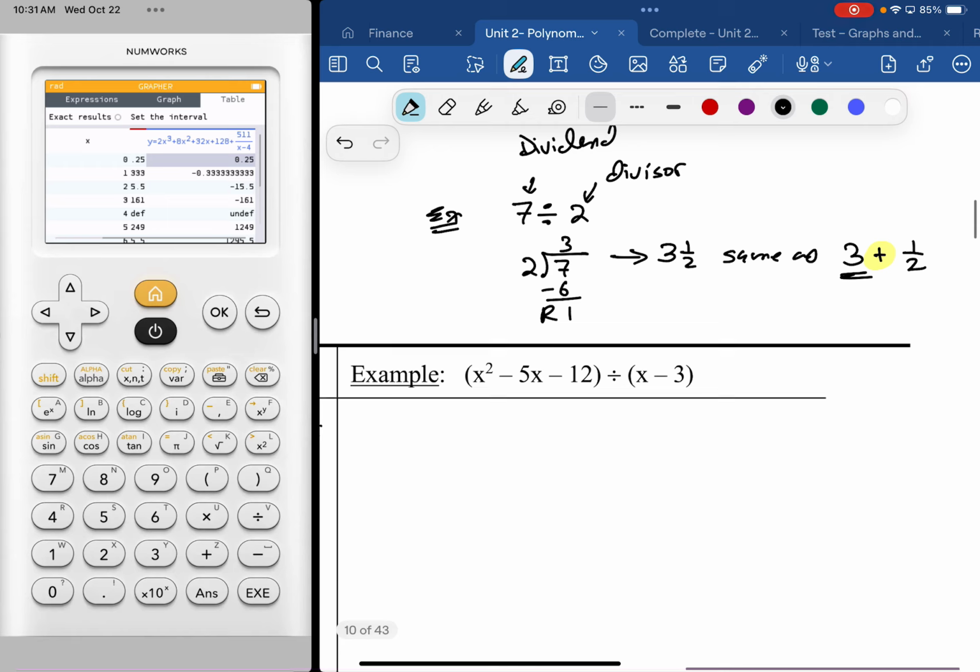All right. So that's how we're going to structure our answer when it comes to polynomial division, which is to say that we're going to get a quotient that could have a remainder. Whatever that remainder is gets tacked on as a fraction at the end of the expression.